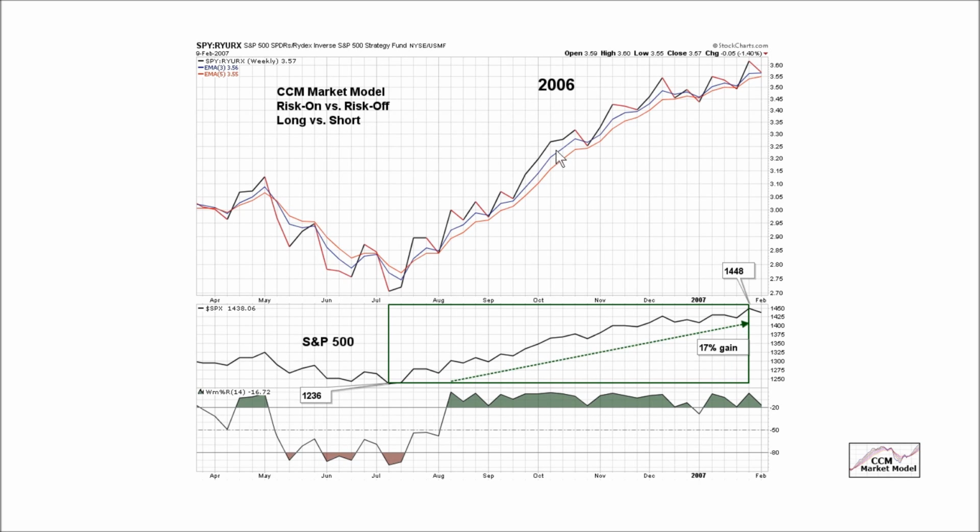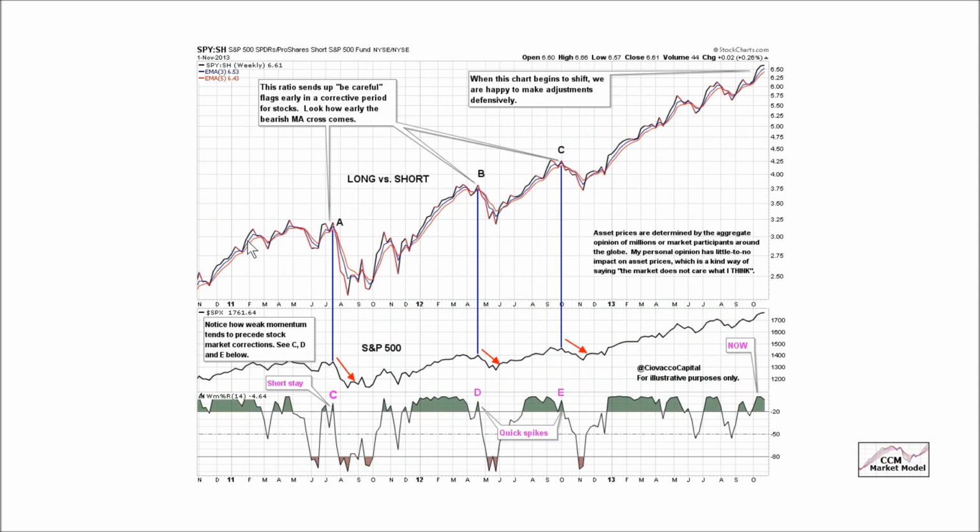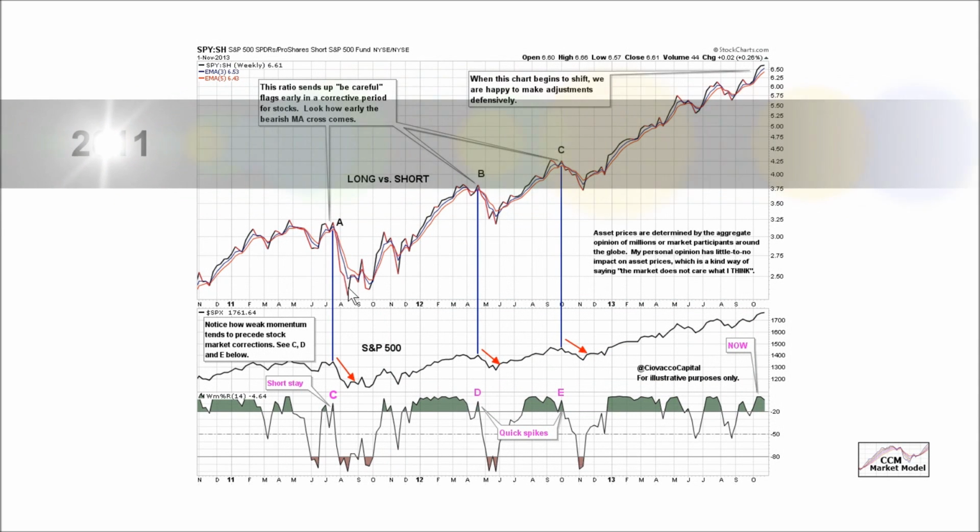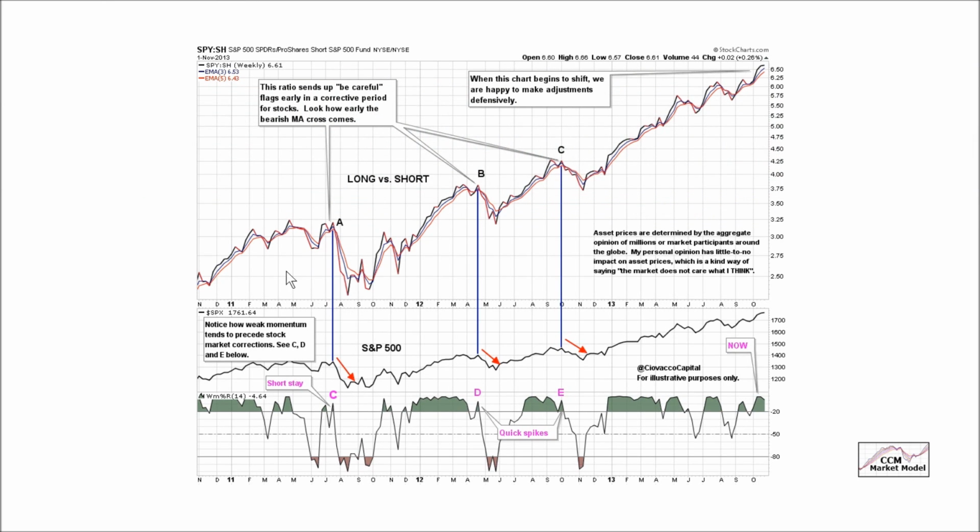Now let's take the concepts from 2008 and 2006 and apply them to the present day. You'll notice prior to bad things happening in the ratio and bad things happening in the stock market, we tend to get some consolidation or sideways movement in the ratio prior to the S&P 500 dropping here where my cursor is.